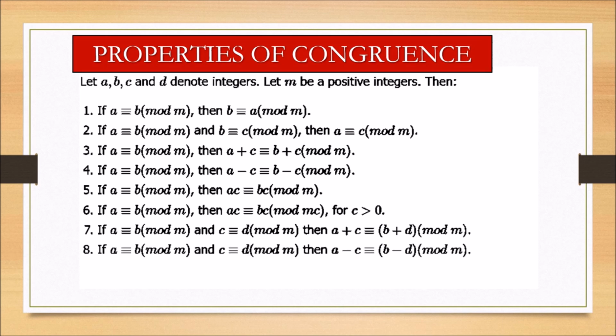Likewise, a minus c is congruent to b minus d modulo m. And the product ac is congruent to the product bd modulo m.